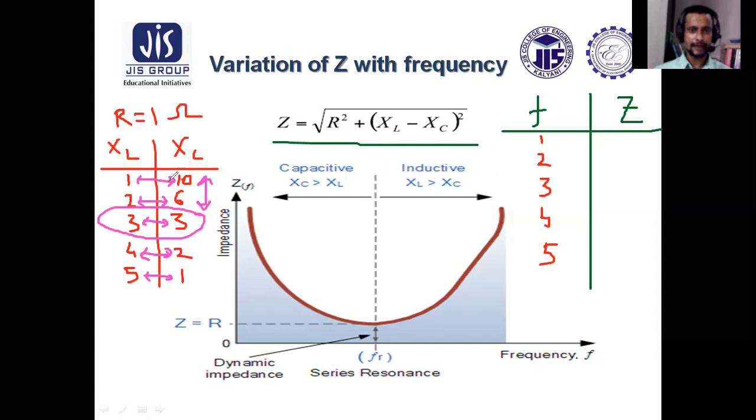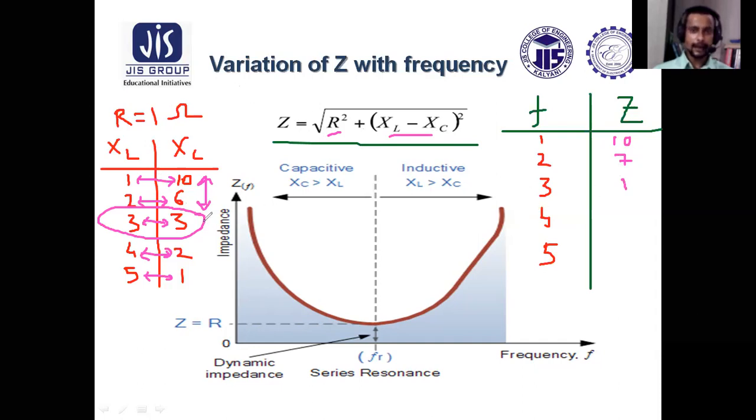First difference is 9, then 4. As this difference is decreasing, for a constant R, Z will be decreasing first. So initially Z is say 10. Then Z is 7. At resonance, Z will be equal to R, that is 1.